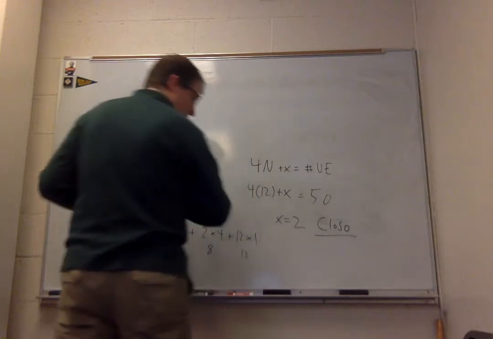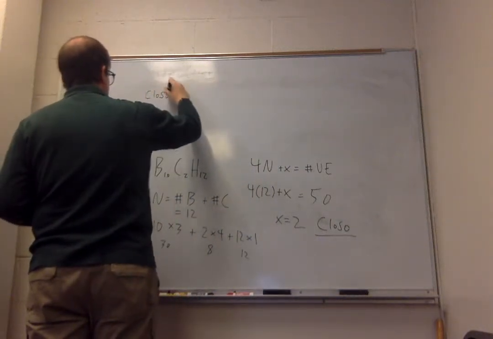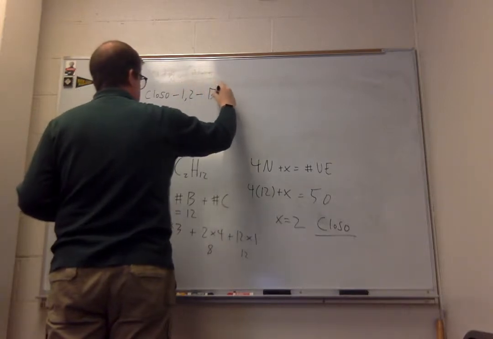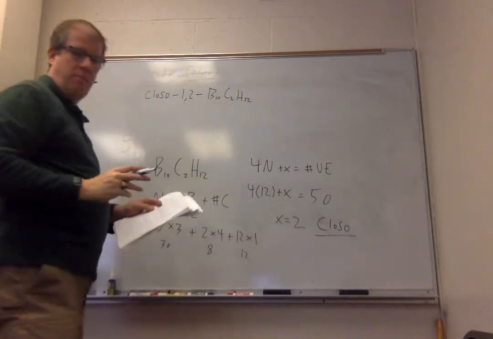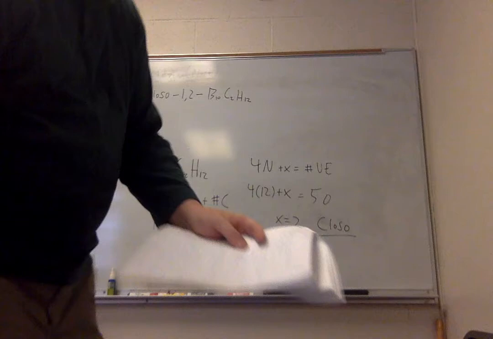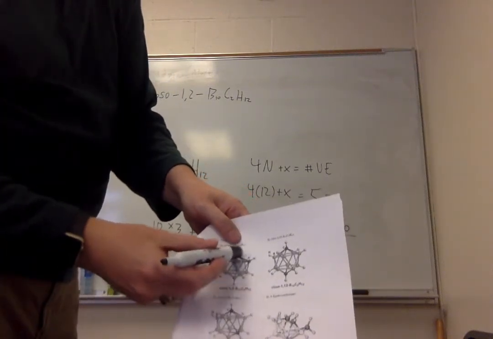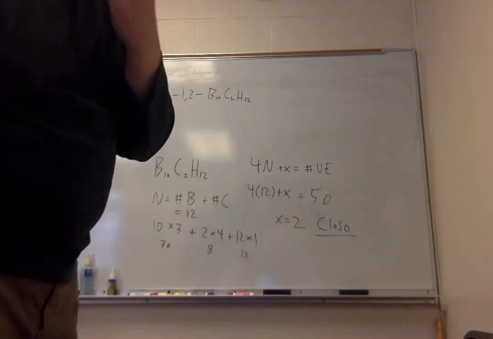And so the product of this reaction is closo-1,2-B10C2H12. So the 1,2 for this tells you that the 2 carbons are right next to one another.